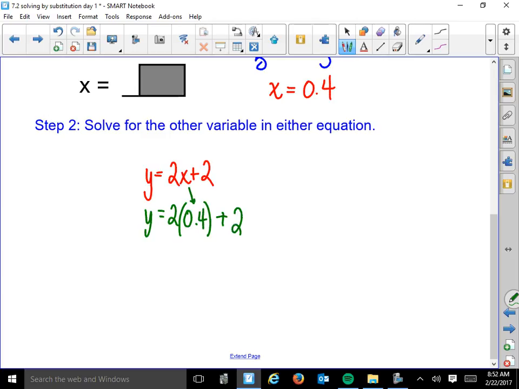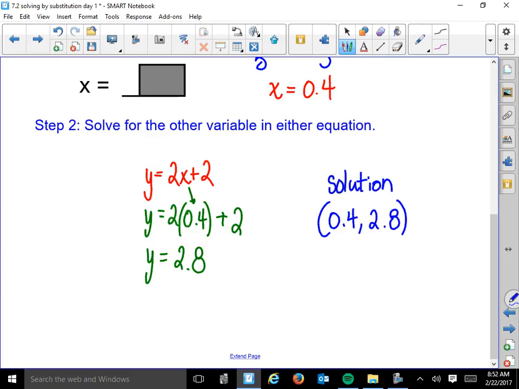So 2 times 0.4 is 0.8, and 0.8 plus 2 is 2.8. The solution needs to be written as an ordered pair. And the solution is 0.4, 2.8. And again, I could check that with the second equation just to ensure that it is correct.